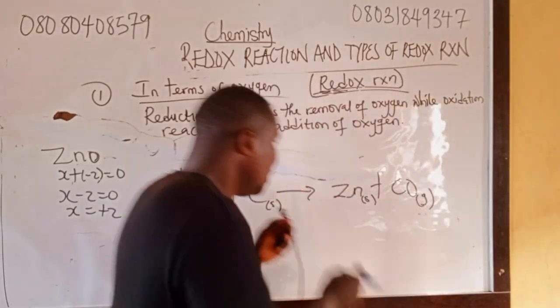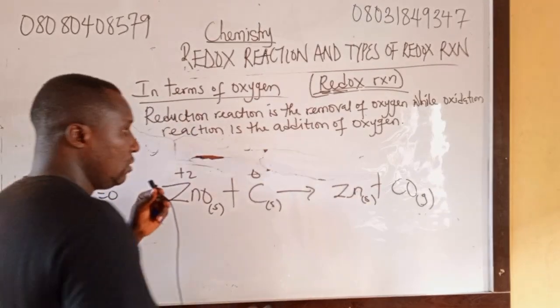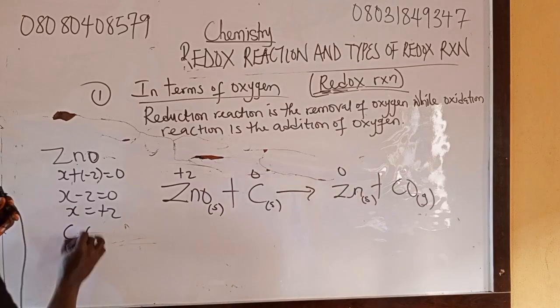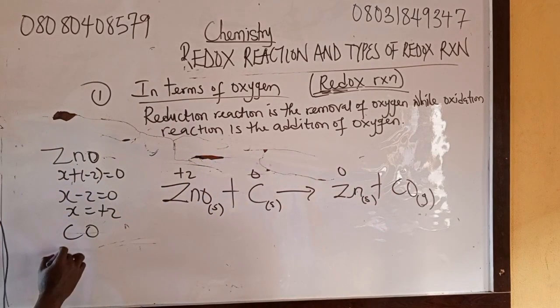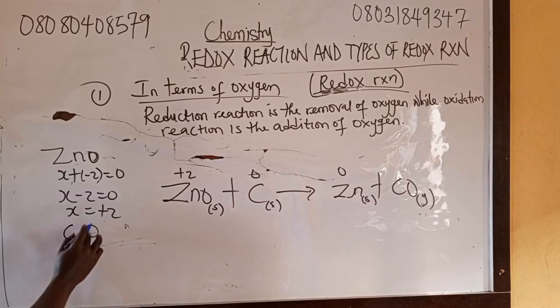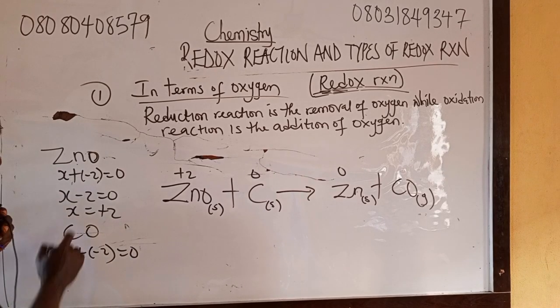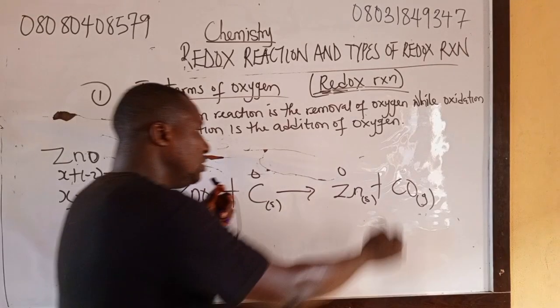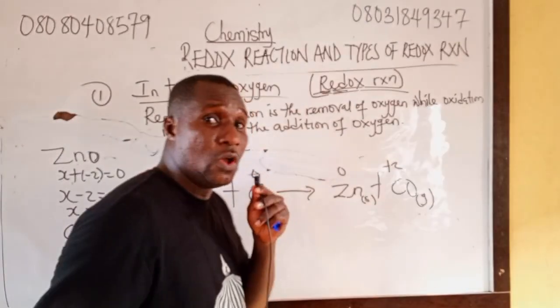Then let's move to the product. Zinc is standing alone, therefore its oxidation number is also 0. Then let's look at CO. What is the oxidation number of carbon in CO? Carbon is X plus oxygen is -2, equal to 0, because this is a neutral compound. X minus 2 equals 0, so X equals +2. The oxidation number of carbon is also +2 here. That's why it's called carbon(II) oxide.